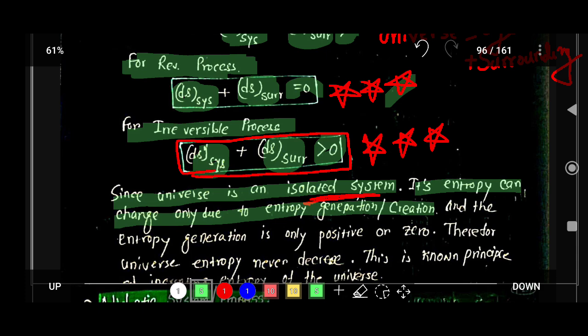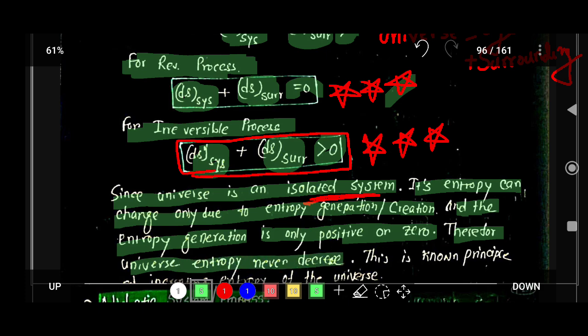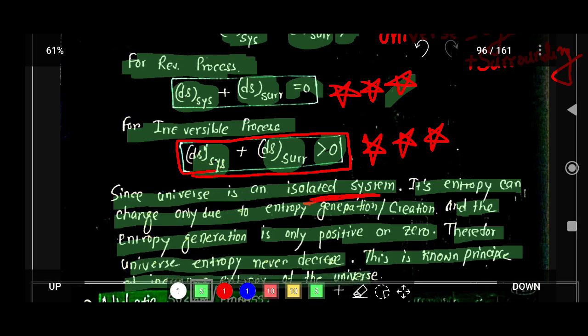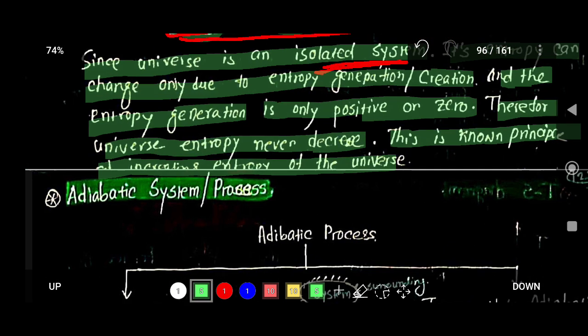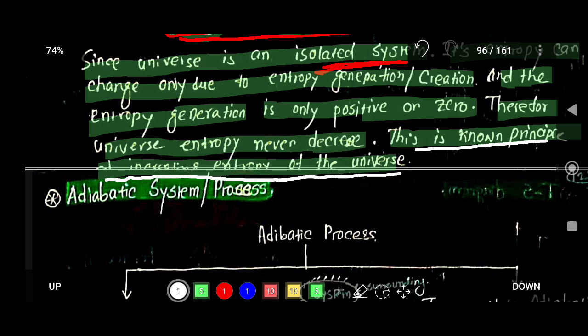And the entropy generation is only positive or 0. Therefore the universe entropy never decreases. So that is why this is known as the principle of increasing entropy of the universe.